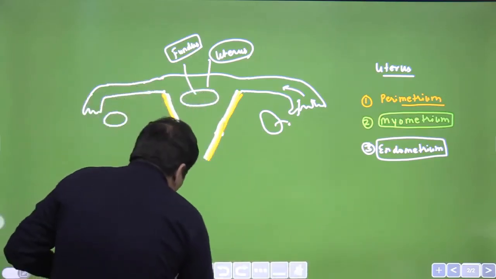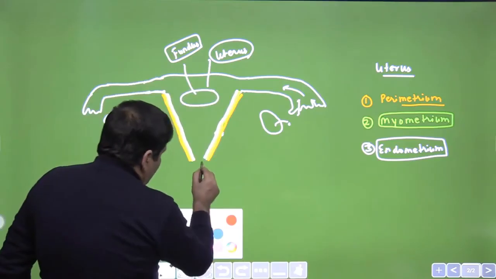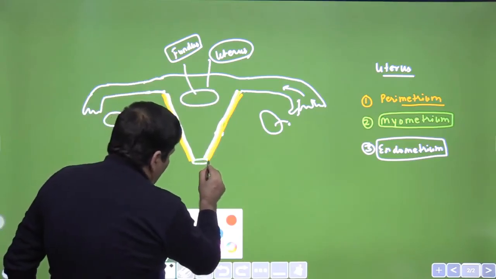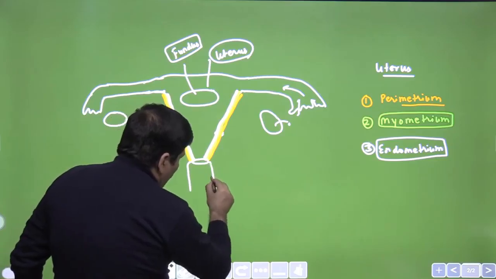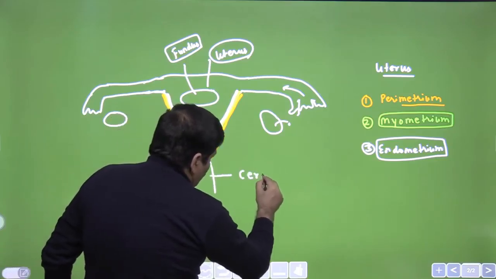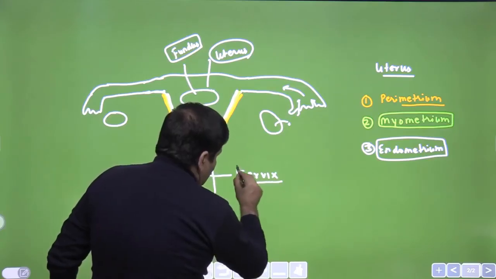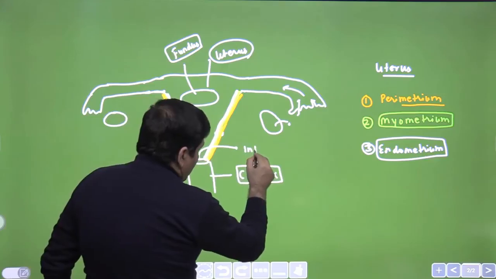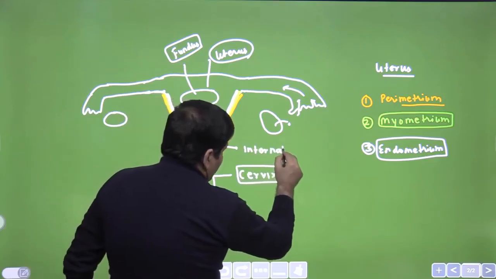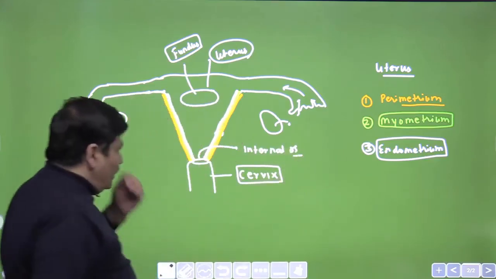Now moving on, we will see that there is an opening here, and then it leads to a canal, and this canal would be called the cervix. This opening would be called the internal os.